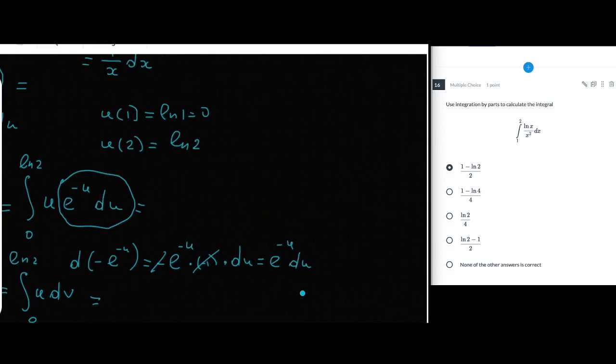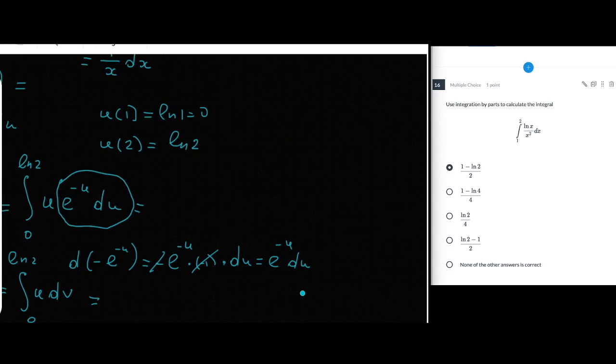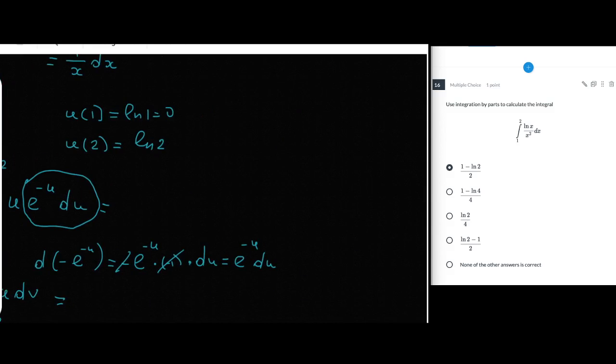Okay, so now I can apply integration by parts. So integration by parts will tell us that this integral will equal u times v. Let's remember that v is negative e to the power negative u.